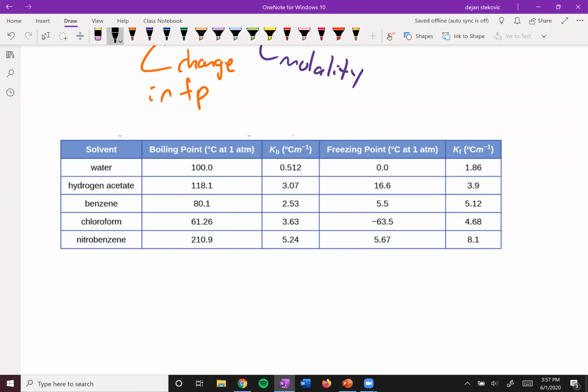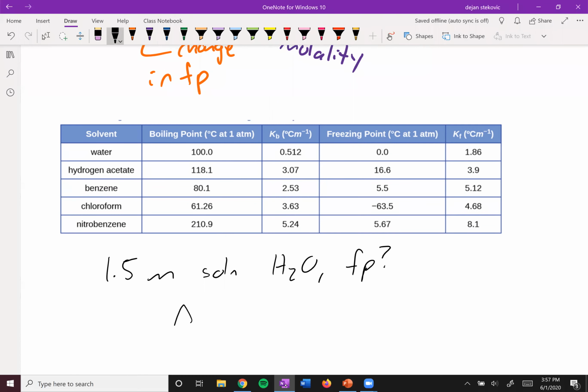So the question here is, you have a 1.5 molal solution of water. What's the freezing point? And so we use our delta TF equals molal times KF. We find water over here, and then we find our KF, not the KB.